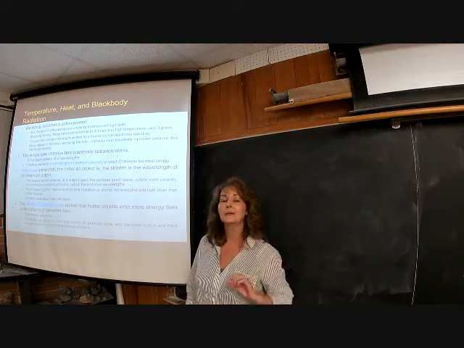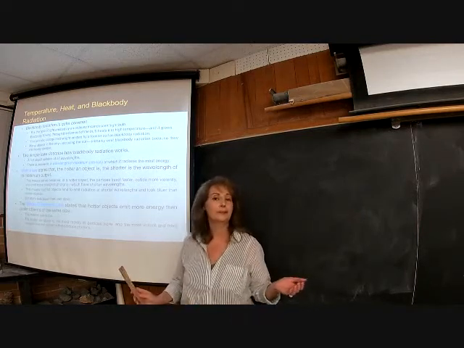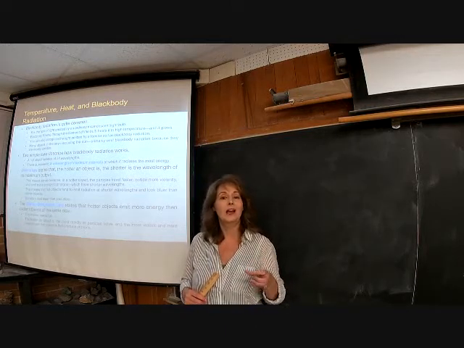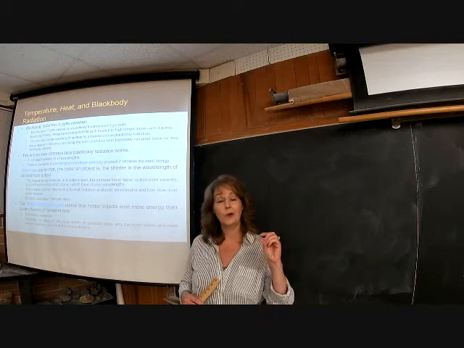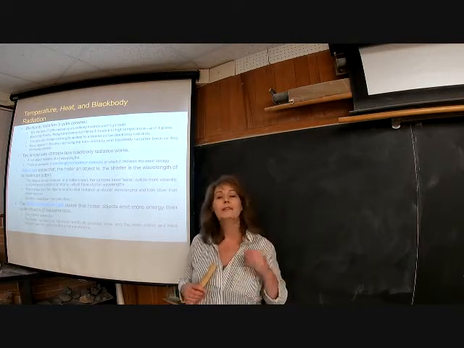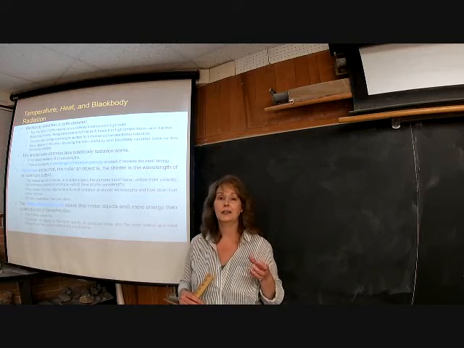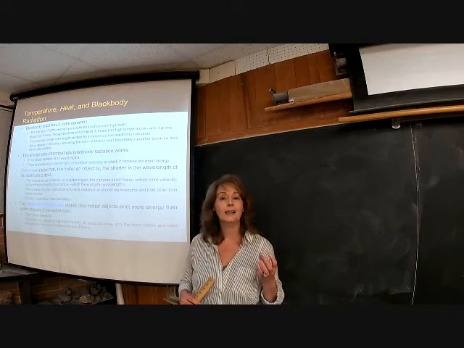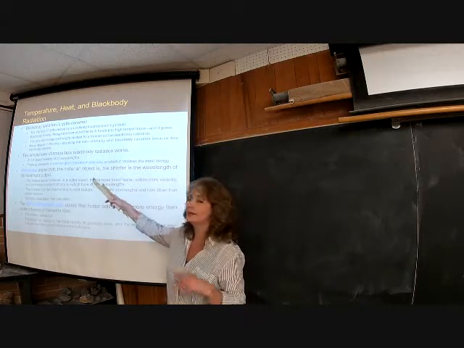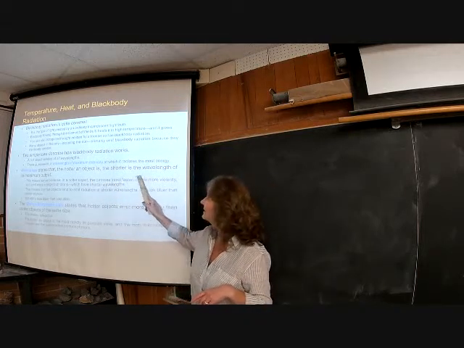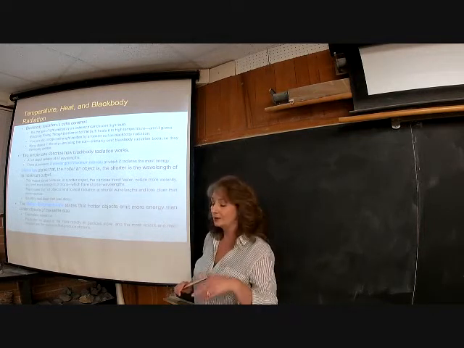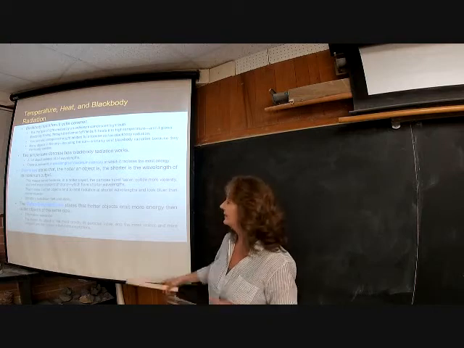We kind of looked at some of this when we looked at the electromagnetic spectrum. Those that had a lot of energy had very short wavelengths. So think of the gamma rays, the X-rays, ultraviolet rays, very short wavelengths. Those are high energy. They're also going to be high temperature as well. So Wien's law is looking at the temperature and the wavelength. And I'll draw those out for you here in a second.